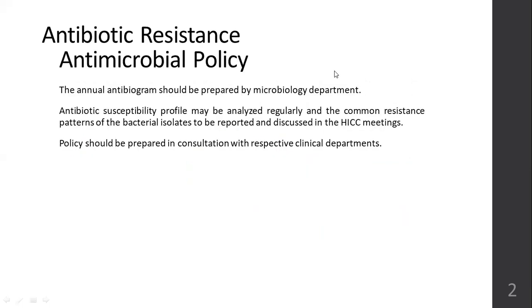So antibiotic resistance policy or antimicrobial policy. The microbiology department of a certain area will create an antibiogram. An antibiogram is a table that contains the name of specific bacteria and which class of antibiotic can tackle this bacteria without jumping into some high-end antibiotics.